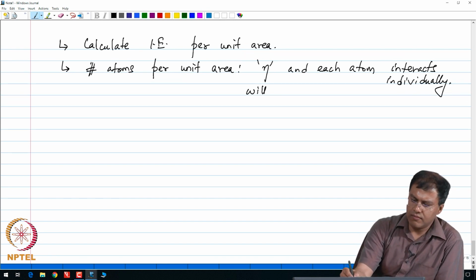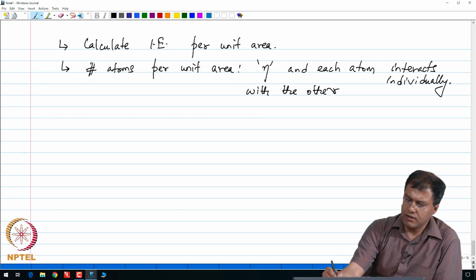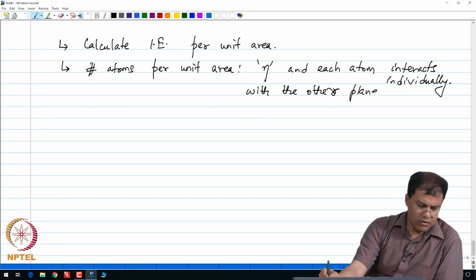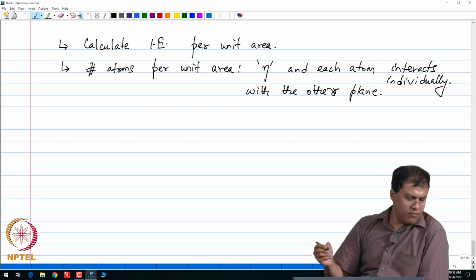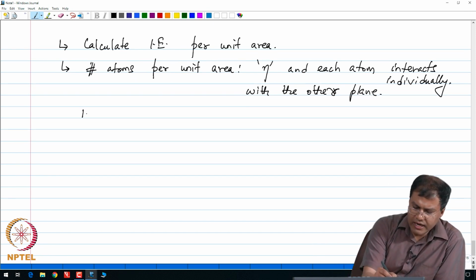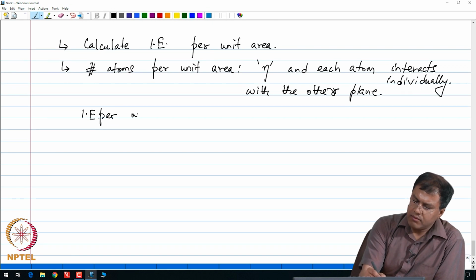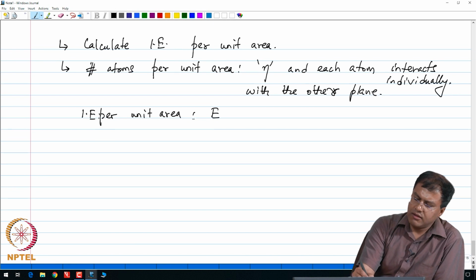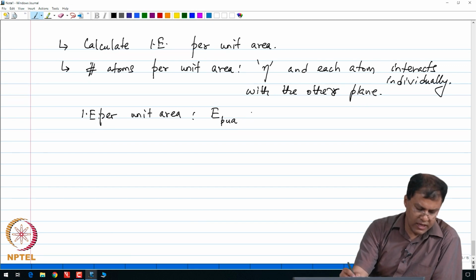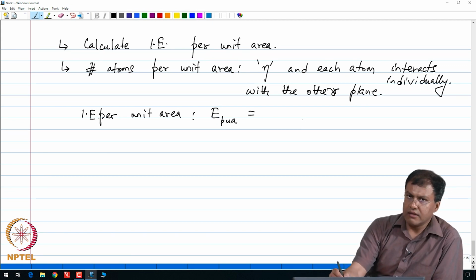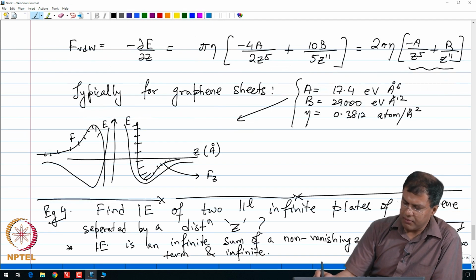Now, which means that my interaction energy per unit area, let me denote it as E per unit area, EPUA, will be based on the answer that we found in example number 3.